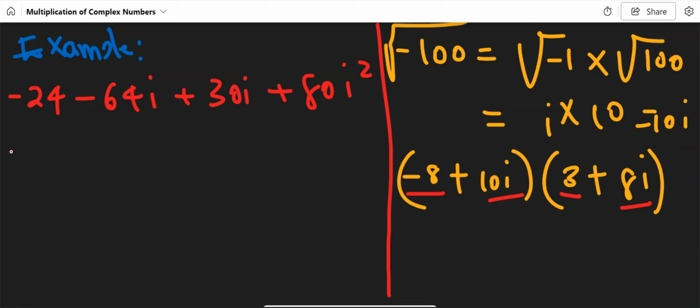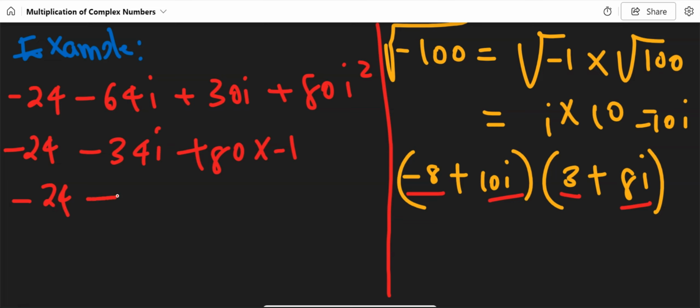So this is negative 24, negative 64i plus 30i, that is negative 34i, and then plus 80 times negative 1. Yeah, is negative 24 minus 34i minus 80.